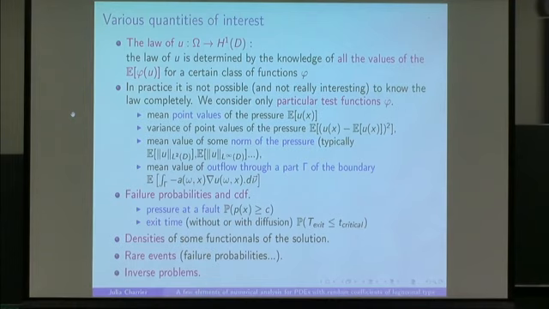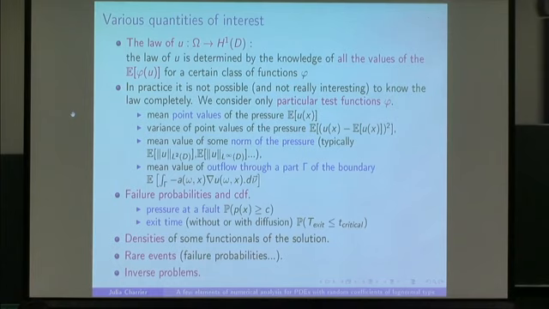So actually, in practice, you don't really want to compute the law. Computing the law is computing the expected values of some functional phi of U for a class of functions, so for an infinite number of functions phi. And from a practical point of view, you only need to compute this for one, maybe two specific functions phi.